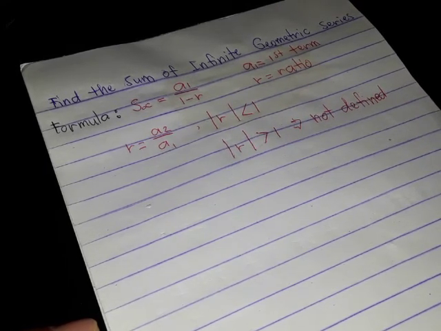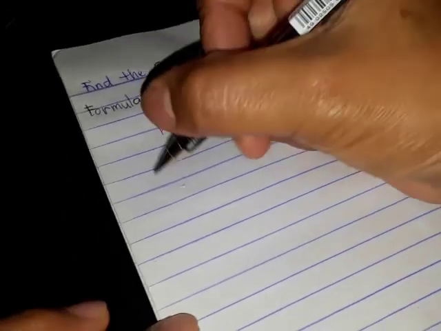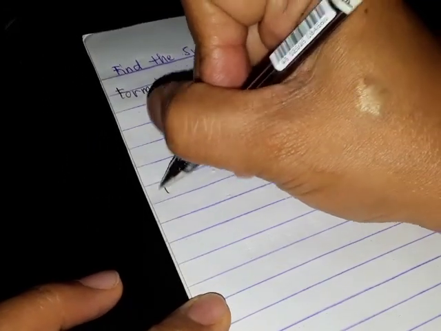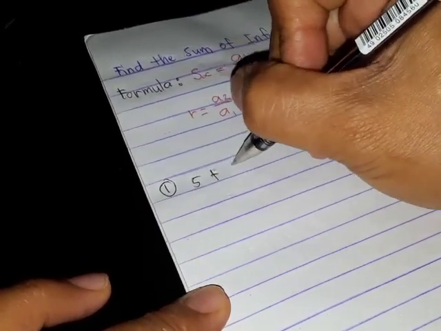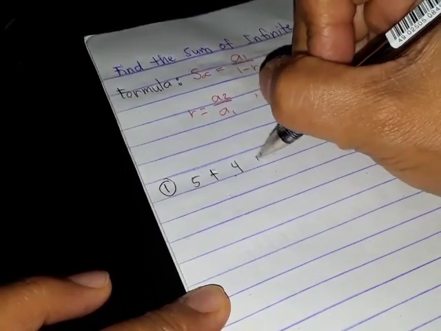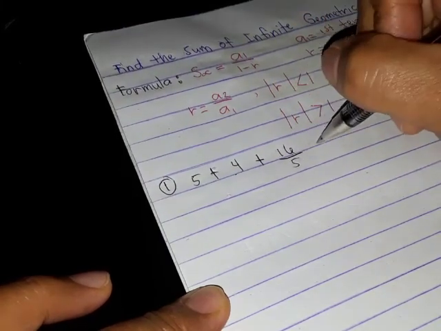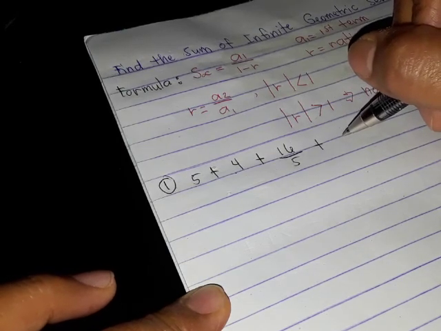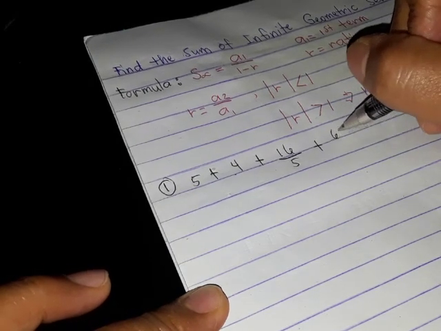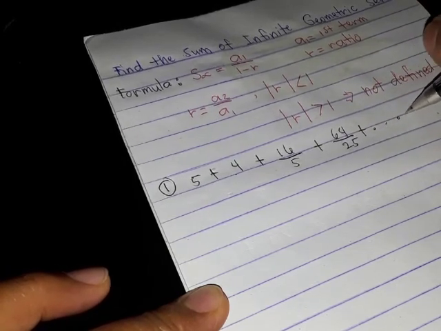So let's have example number 1. Five plus 4 plus 16 over 5 plus 64 over 25, and then plus that.